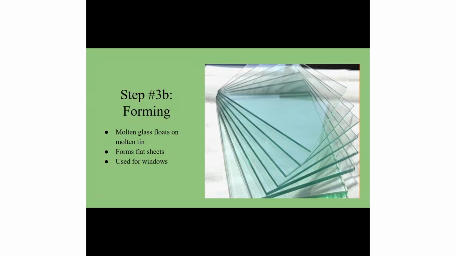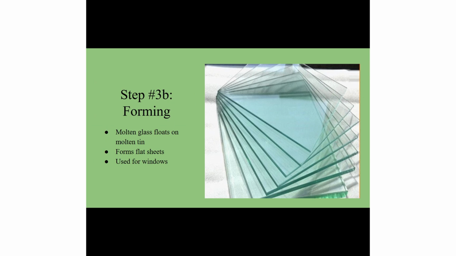Another forming process is called float glass. This is used to make flat glass like windows. In this process, molten glass is poured into a bath of molten tin, so melted tin, and the glass mixture gets poured on top of that.